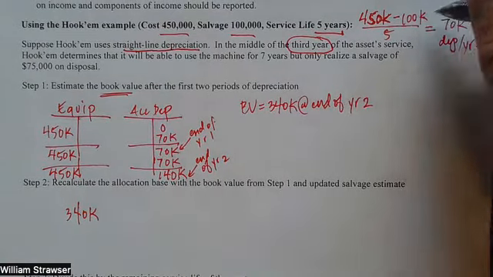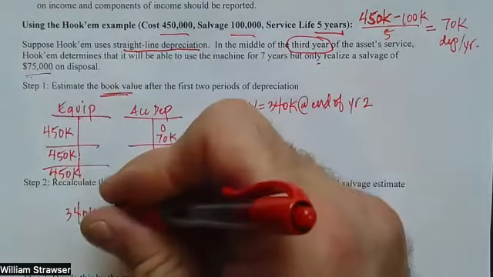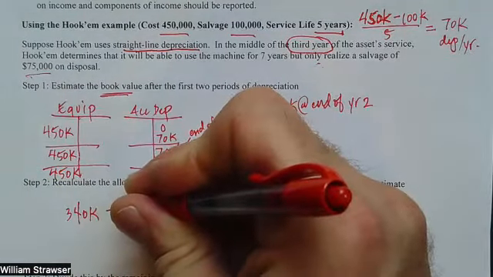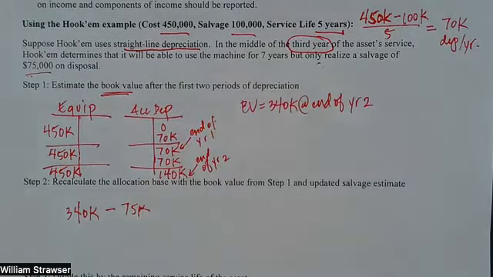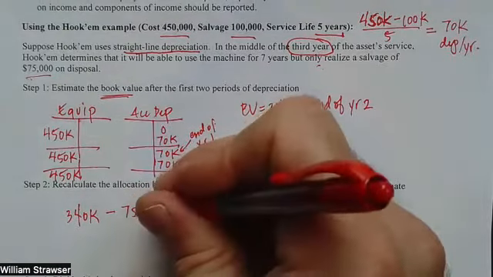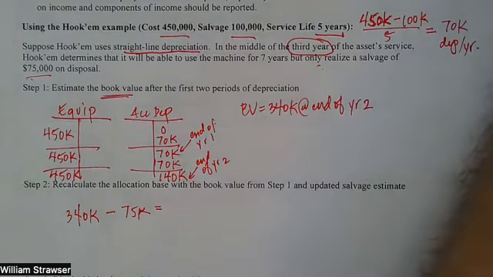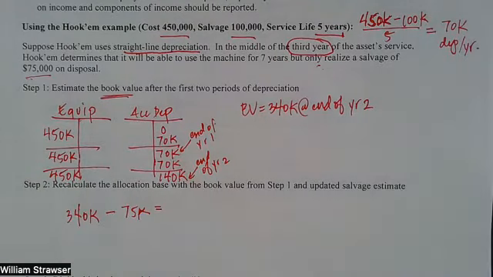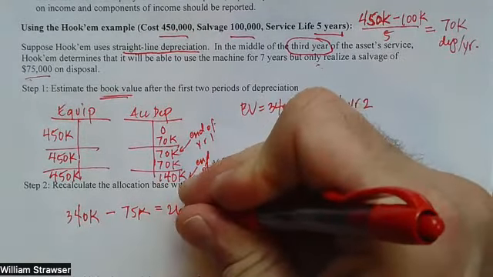It went from 100, and now we believe we're only going to be able to get $75,000 on disposal. So the amount of money I need to expense through the allocation base is 340 minus 75, which comes out to $265,000.